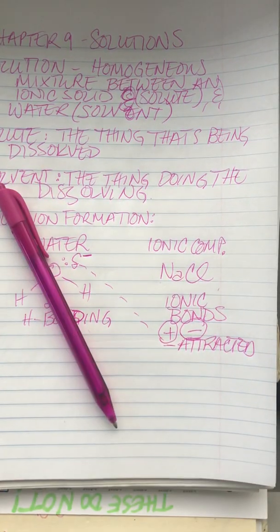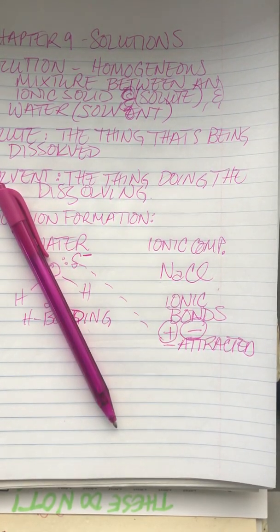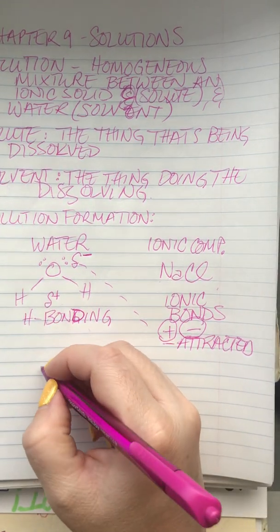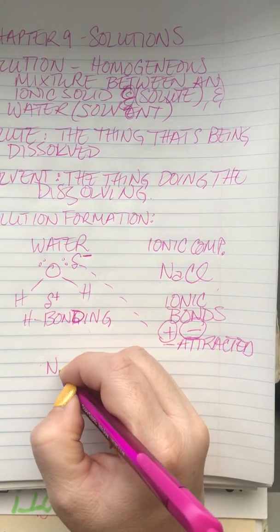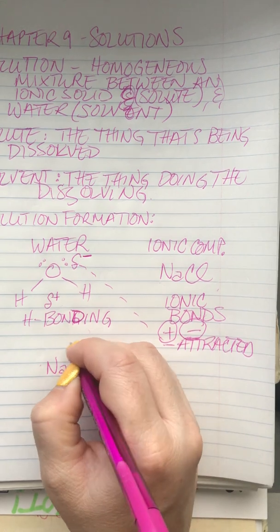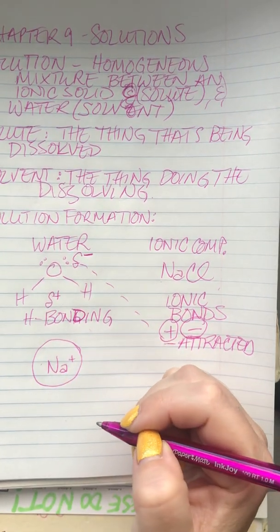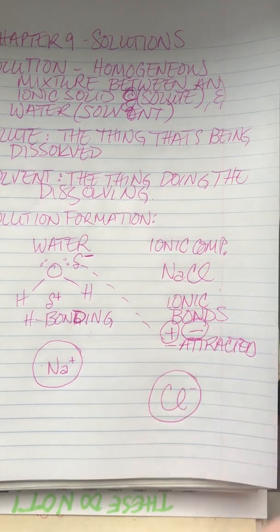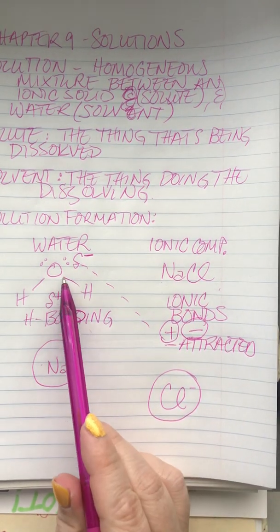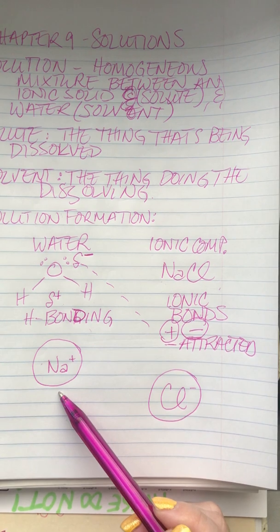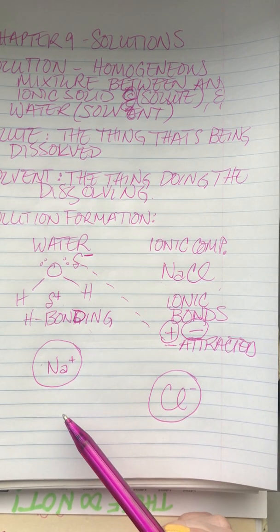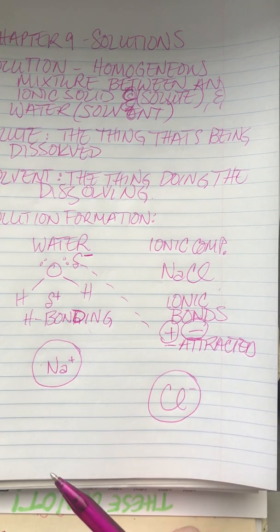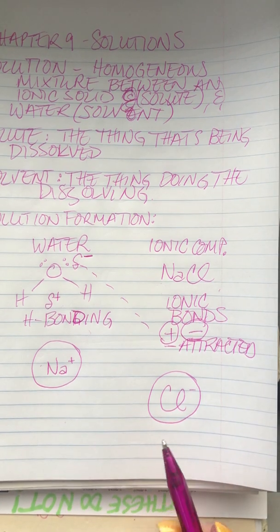So I'm going to draw a terrible picture, and you guys are going to hate it, but it's okay. So we have our sodium ion and our chloride ion. What part of the water is going to be attracted to the sodium ion? Oxygen? Exactly.